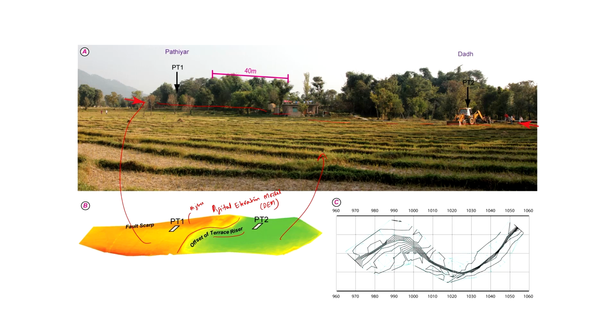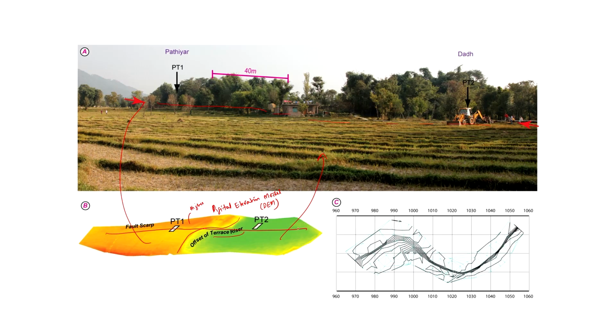So, the portions here moved like this. Okay. So, the right block moved towards us, hence we call this a right lateral fault running somewhere over here. So, to have such high resolution data, we collected multiple points, and then it was processed. Okay.